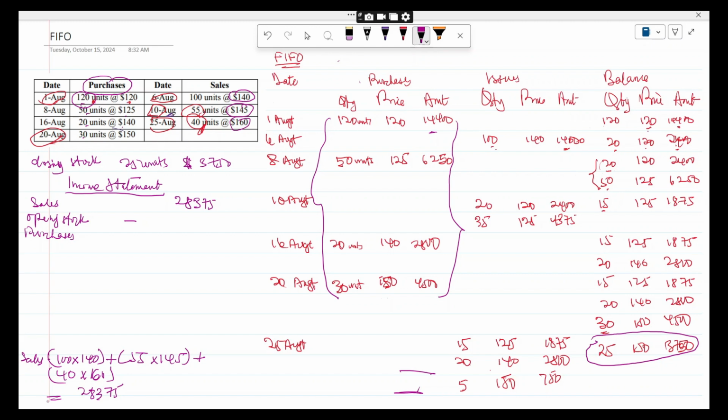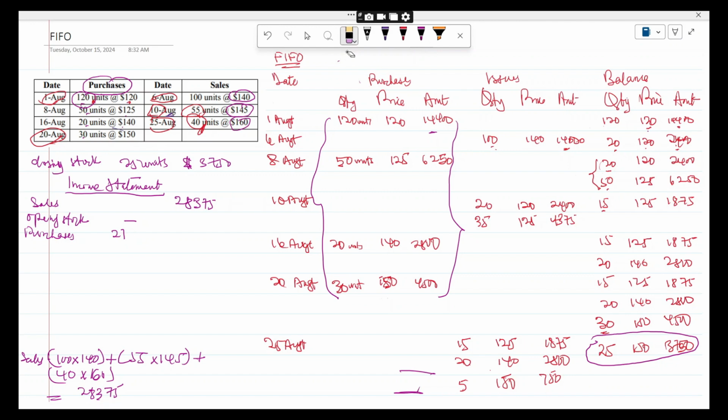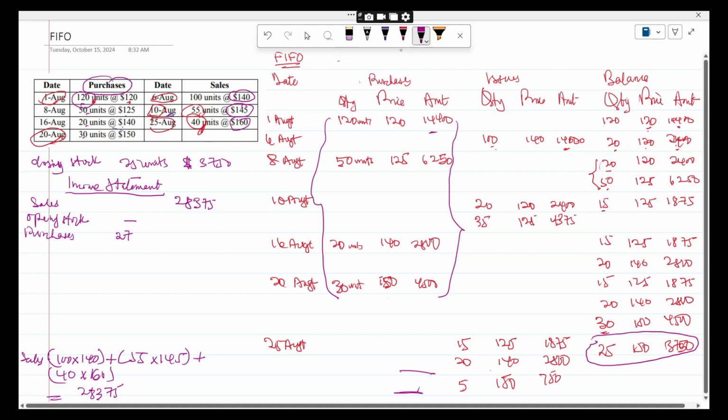That is going to give us 27,950. Then let's subtract our closing stock.